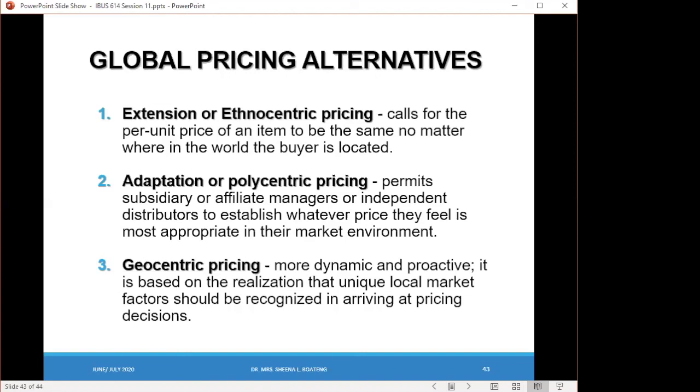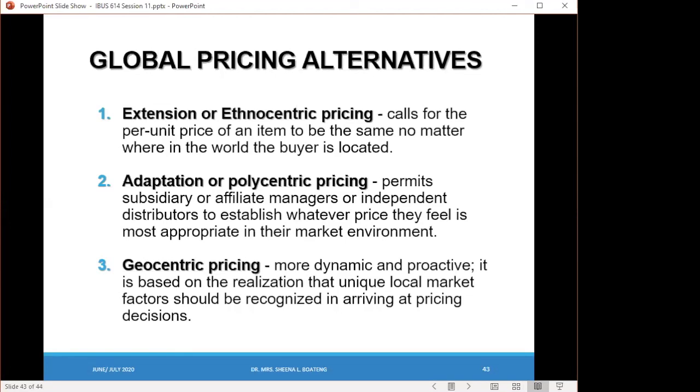However, the marketer can ultimately decide to use a geocentric pricing approach, where the pricing is approached from a more dynamic and proactive perspective. And with this pricing approach, the marketer comes to the realization that unique local market factors have to be recognized in arriving at pricing decisions.